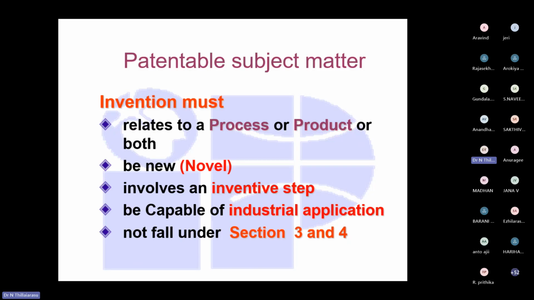The same thing can be set up for industrial IoT, for example in coal mining or other mining. When digging land, we get so many hazardous gases. In the same kind of application, we can deploy it for industrial IoT. That is all about industrial applications. This is capable of industrial application and does not fall under sections 3 and 4.